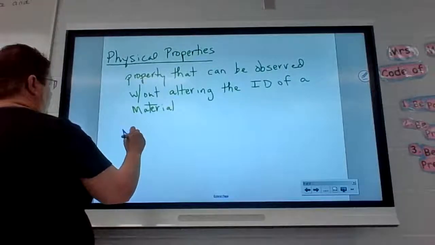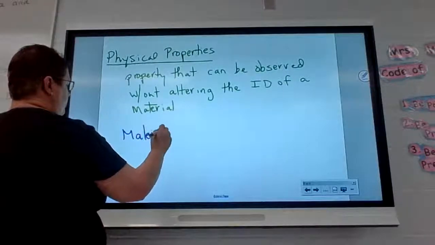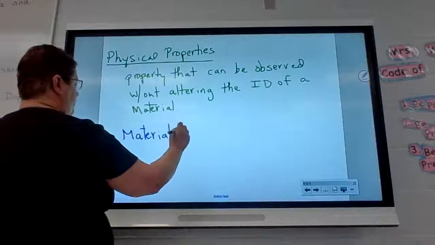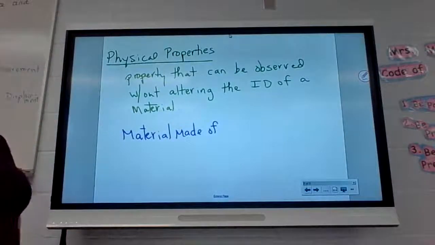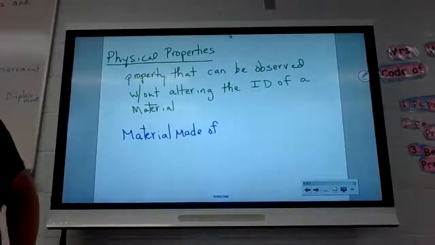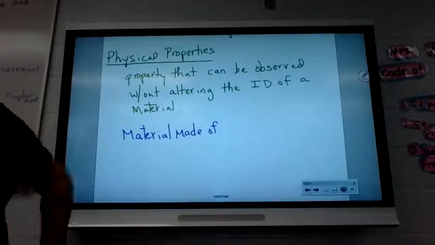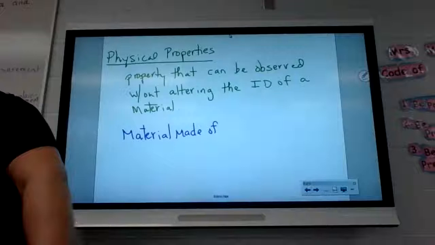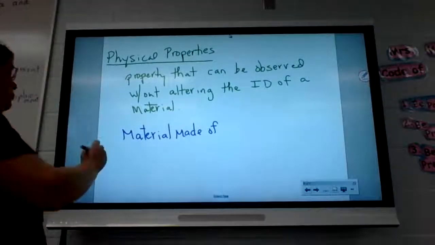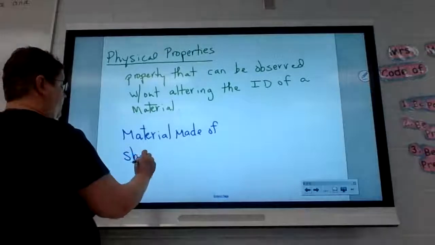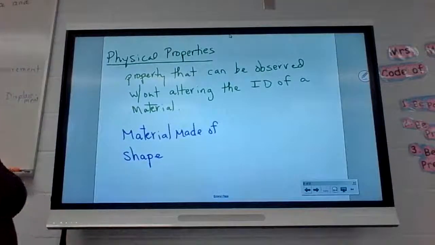So the material that it's made of. Okay. What else? What shape would this be? Okay, so we'll put shape. What else?